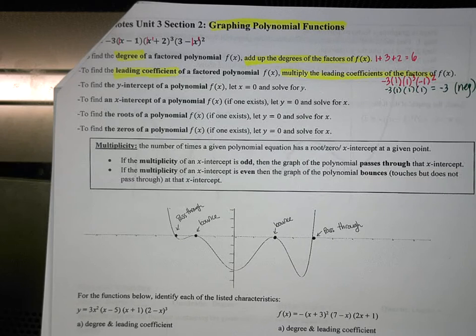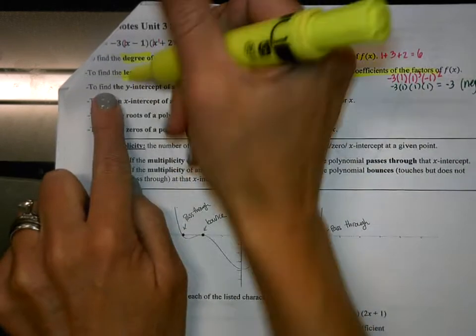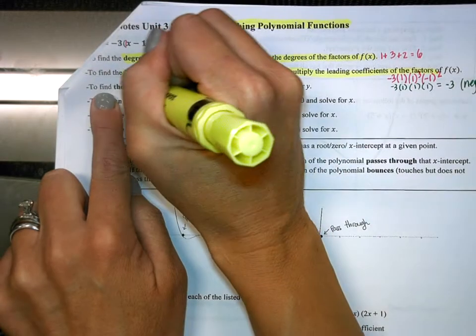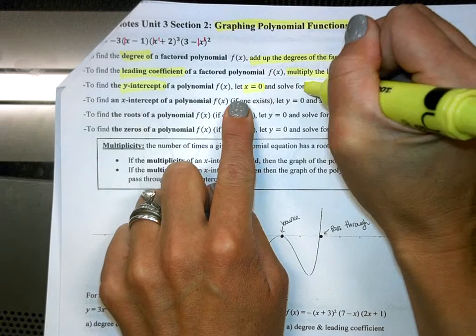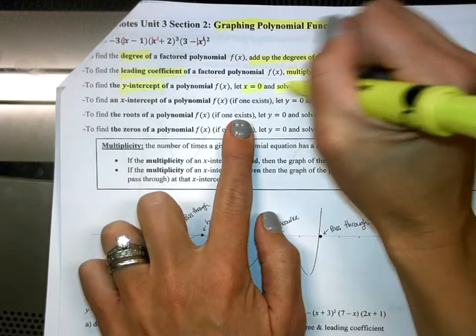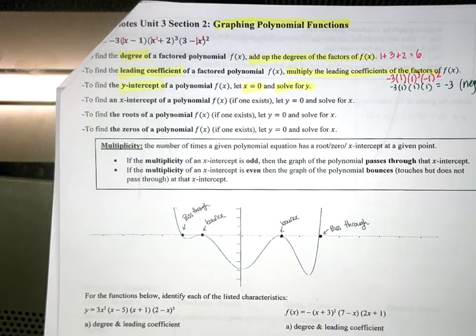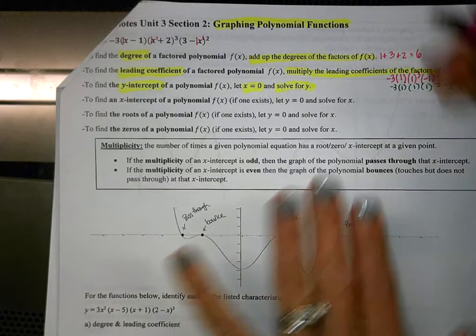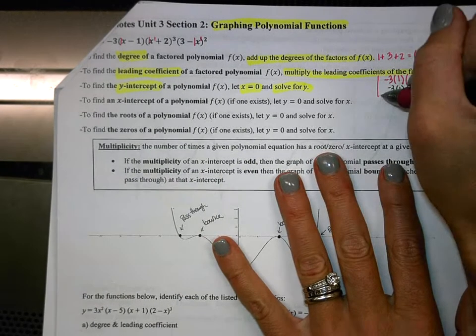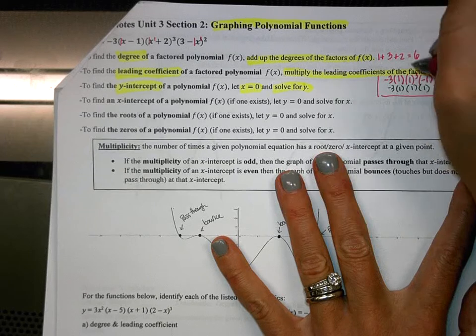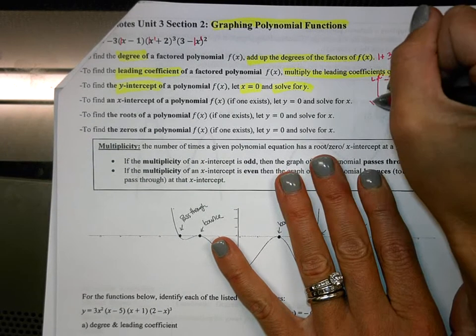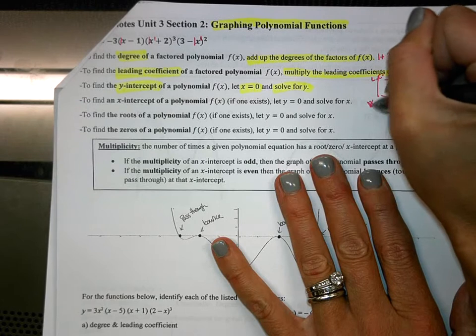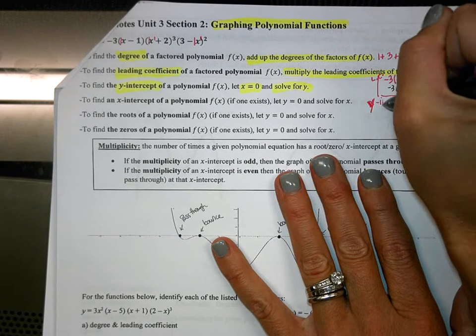This next part is to find the y-intercept. Let x equal 0 and solve for y. The information I just wrote was for our leading coefficient; this is supposed to be the y-intercept.